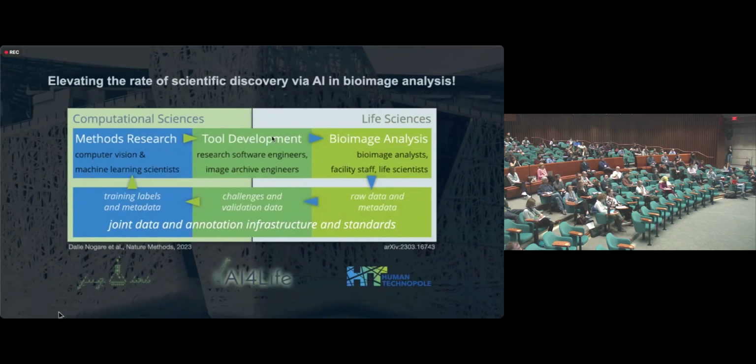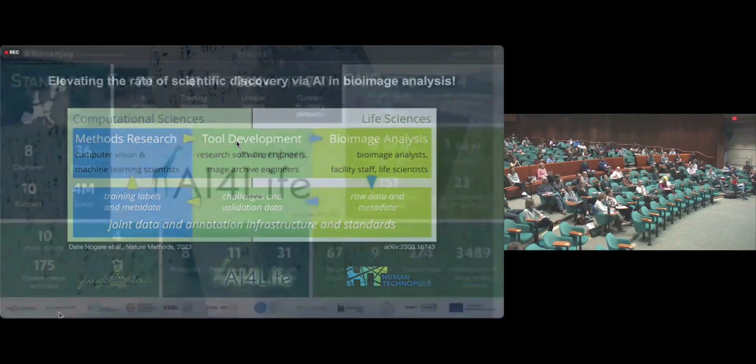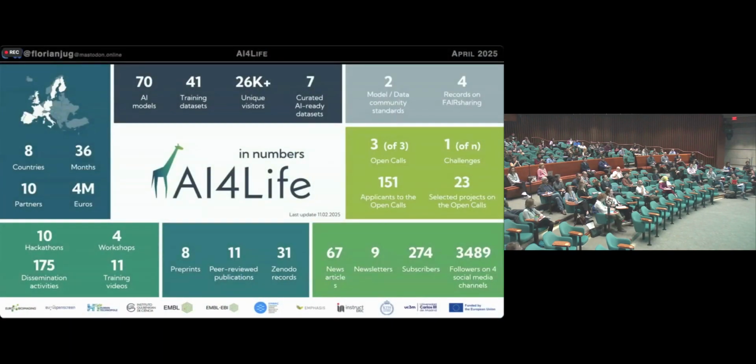But there's one very important thing, and that is that tool development is really needed. And in Janelia, this is one of the few places where this is taken very seriously. A method is only as good for a biologist or life scientist as the enclosing tool makes it usable. So in AI for Life, a European-funded project that I was running together with Anna Kreshuk for the last 3 years, we do lots of these things.